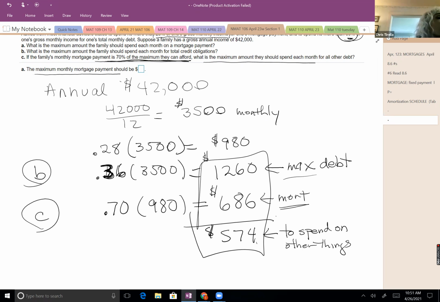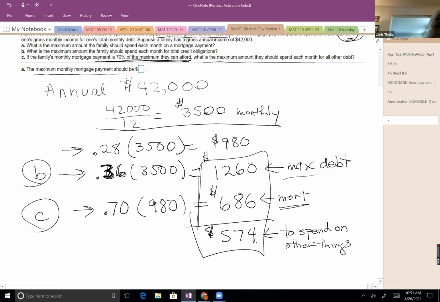And so that really doesn't have anything to do with our interest formulas and loan formulas, but rather it has a lot to do with realizing what it means to find the monthly income, to take 28% of that, to find the monthly maximum recommended amount of debt, to take 36% of that, to find what their payments are by taking 70% of that payment.